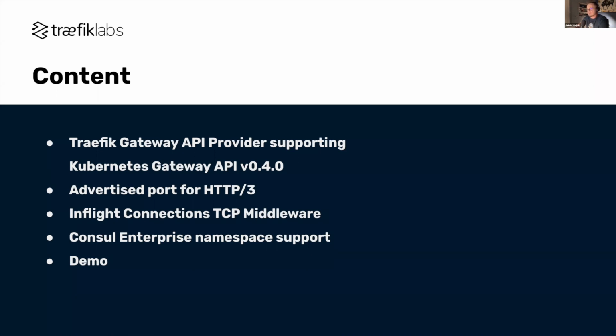The next feature that we added is advertised port for HTTP3. Now you can easily configure the UDP port that should be used for advertising. The next cool feature is an inflight connection TCP middleware. That is another of the middlewares added in Traefik, but this time it's TCP.